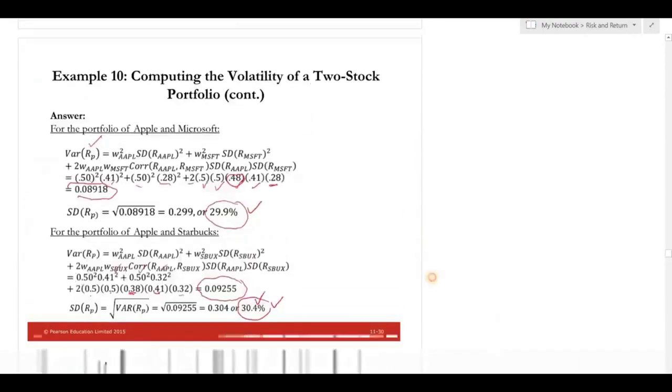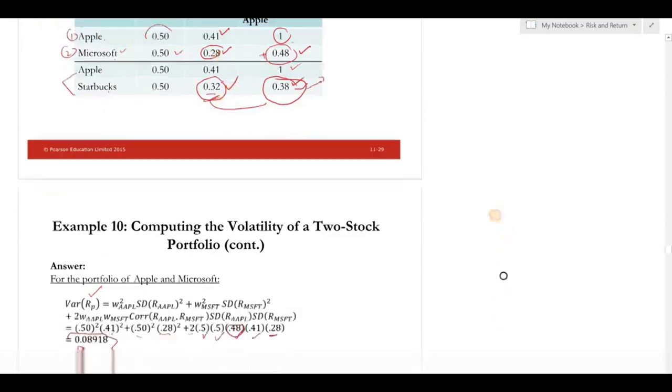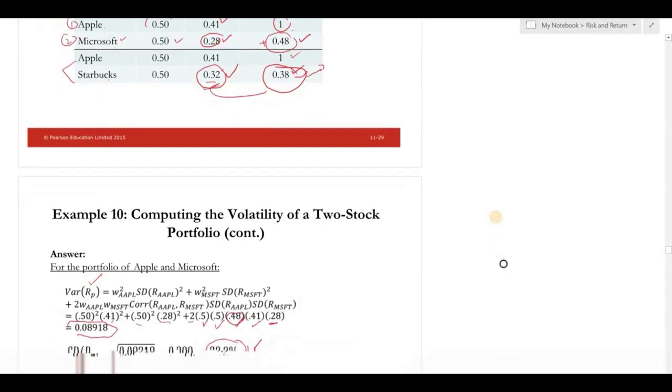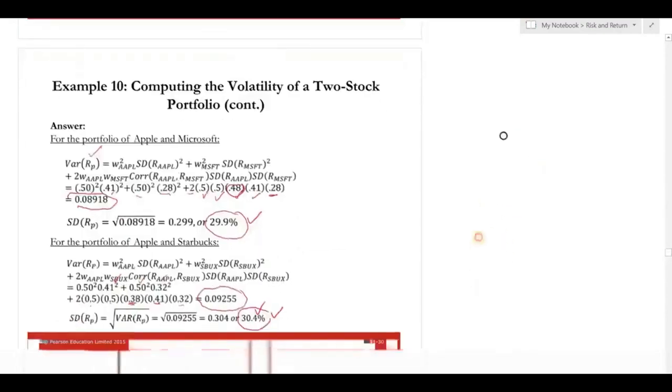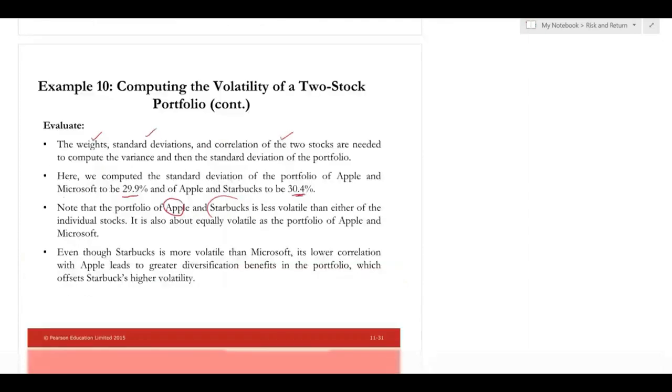If you see from this table, Apple volatility is 0.41, while Starbucks volatility is 0.32 compared to 0.28 of Microsoft. You see the Starbucks volatility, or risk, is higher than Microsoft. But still, given this higher volatility of Starbucks, the risk of the portfolio is not really high compared to the portfolio of Apple and Microsoft. So what does it imply?